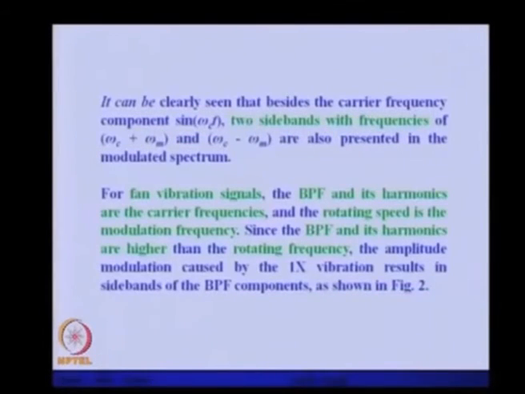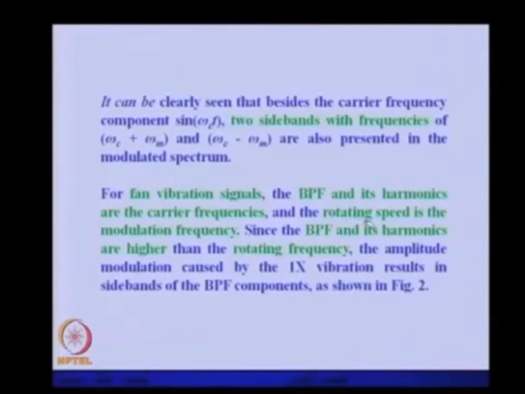So it can be clearly seen that beside the carrier frequency component, two sidebands with frequencies of the summation of the two frequencies and the difference of these frequencies are also present in the modulated spectrum. For a fan vibration signal, the BPF and its harmonics are the carrier frequency, and the rotating speed is the modulation frequency.